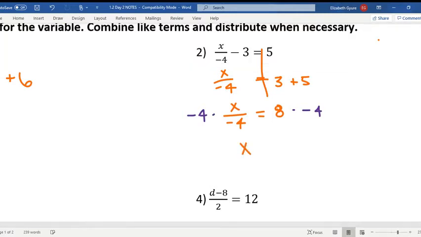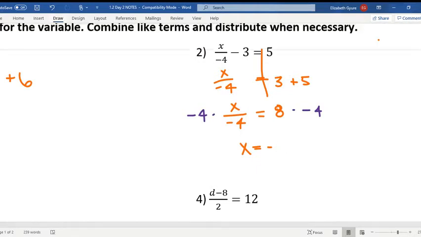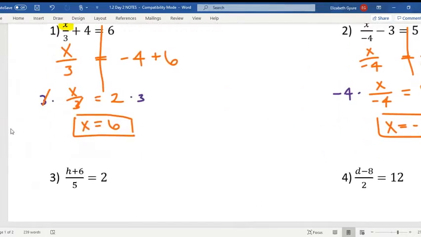And then you're going to get x equals -32. He just forgot his negative sign. Okay, good. Any questions on that? I feel like we'll probably need some more help with that later.